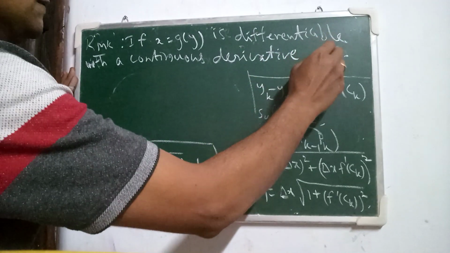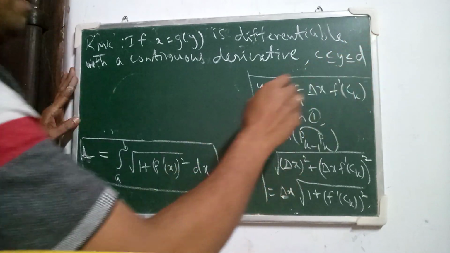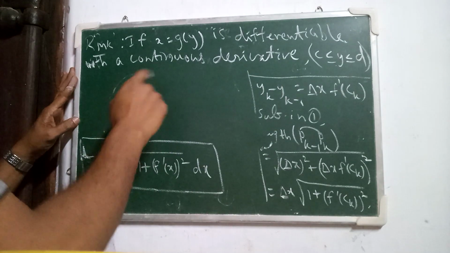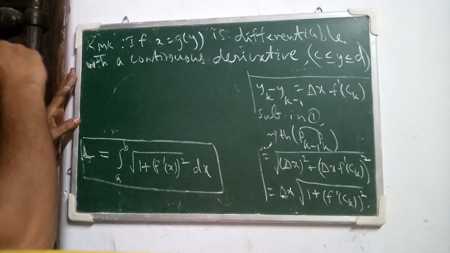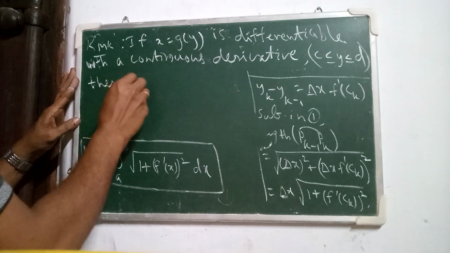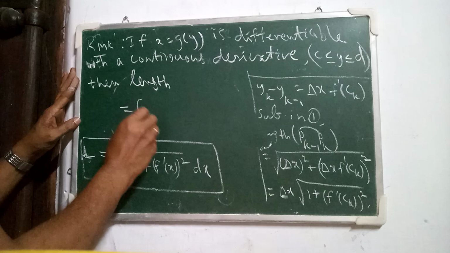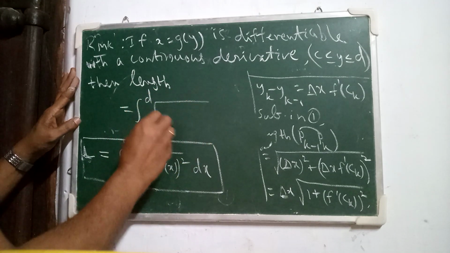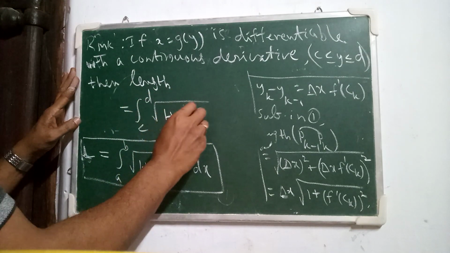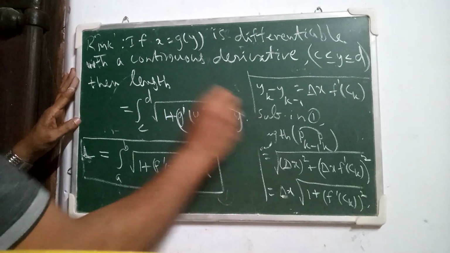Here y is varying in between c and d. So x is expressed as a function of y. Then length of the curve is equal to integral c to d square root of 1 plus g dash y the whole square dy.